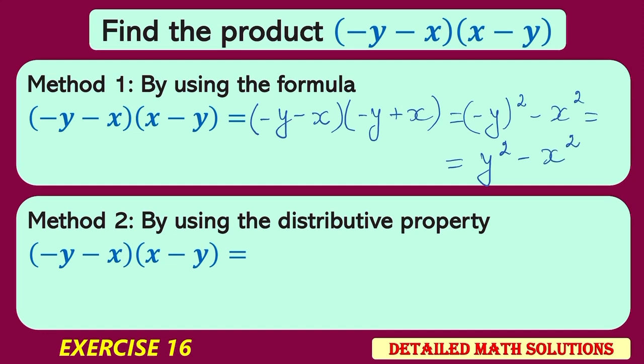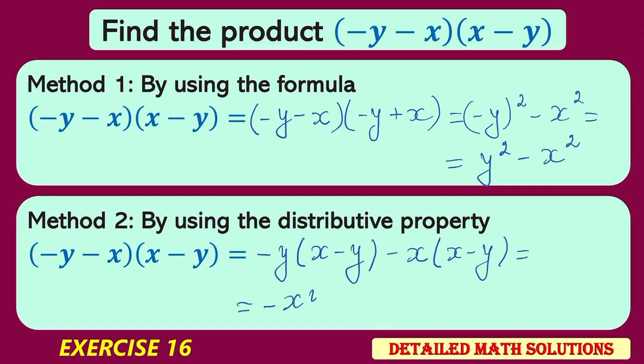When I apply the distributive property, this equals minus y multiplied by (x minus y) minus x multiplied by (x minus y). This equals minus xy plus y squared minus x squared plus xy. Again, minus xy and xy cancel out, and I get y squared minus x squared.